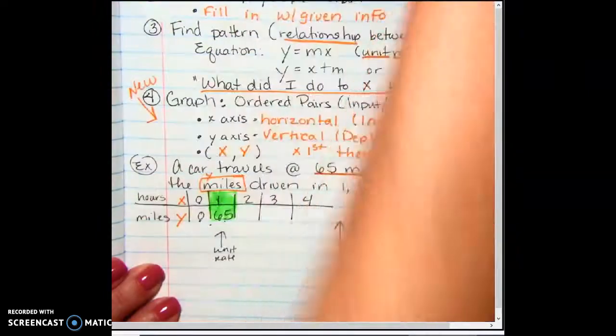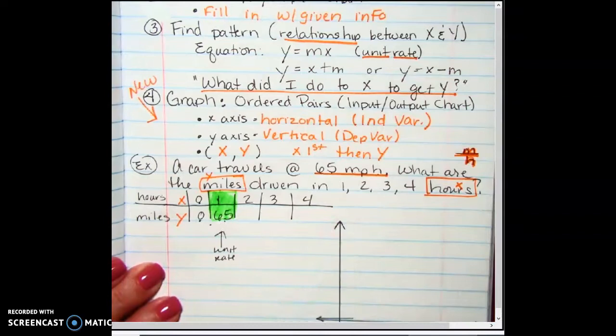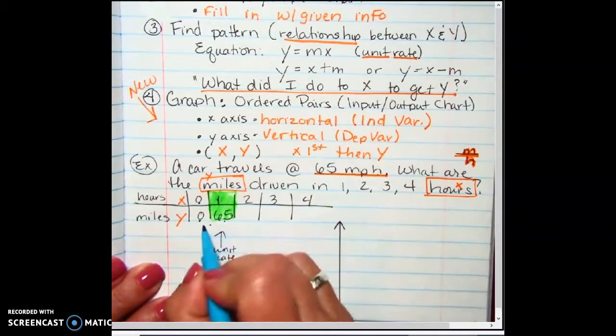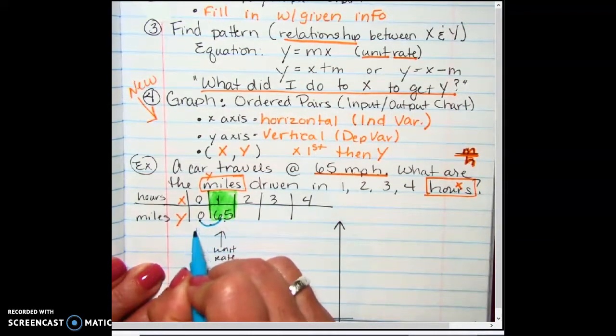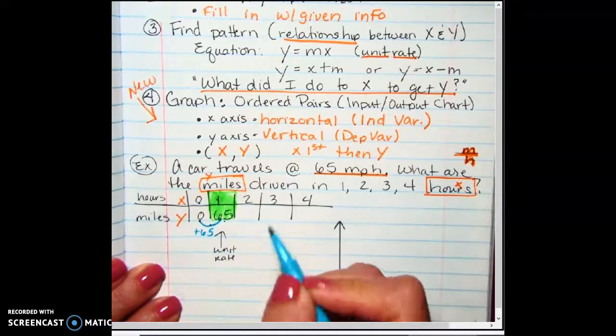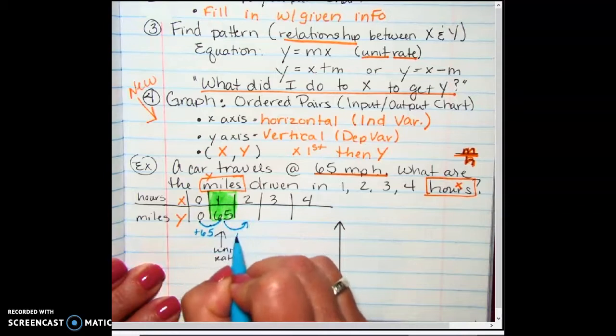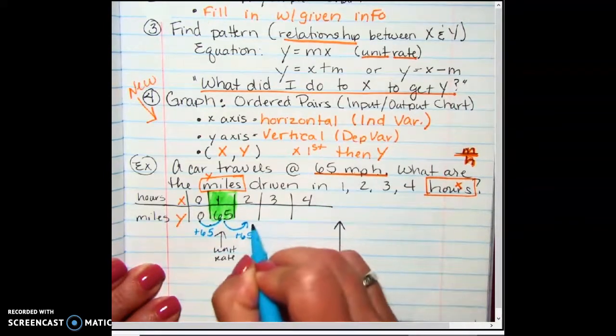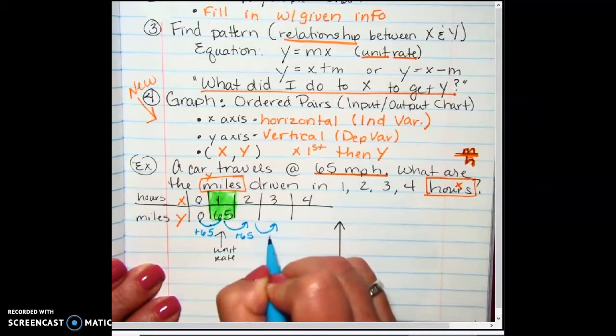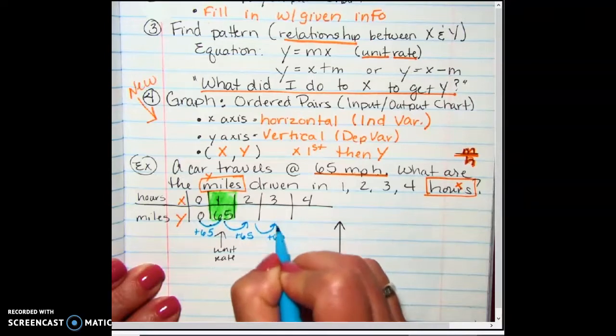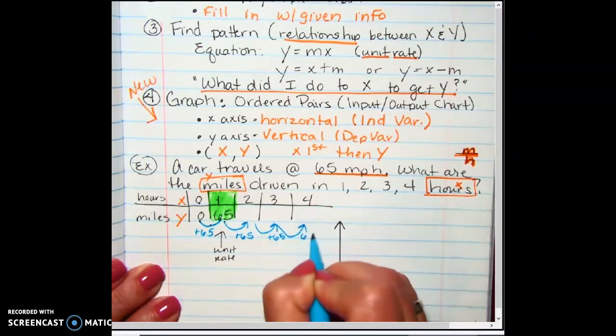But guess what? We need to fill in the rest of these. So if I have this, I know that I added 65, right? So then I would add another 65, and I would add another 65, and I would add another 65.